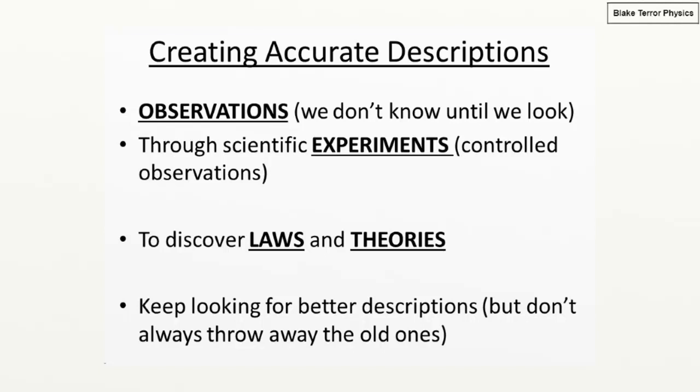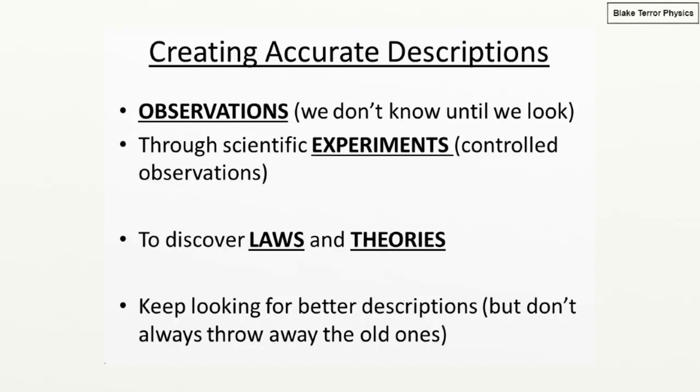Quite often the old theory, particularly if it's been around for a long time, is very good at describing stuff in particular circumstances. So as an example, as we're going to see a lot of, Sir Isaac Newton, back in the 17th century, came up with a whole load of descriptions of how things move and interact, which subsequently, about 100 years ago, Einstein showed, well, actually, they're not as accurate as we thought they were.